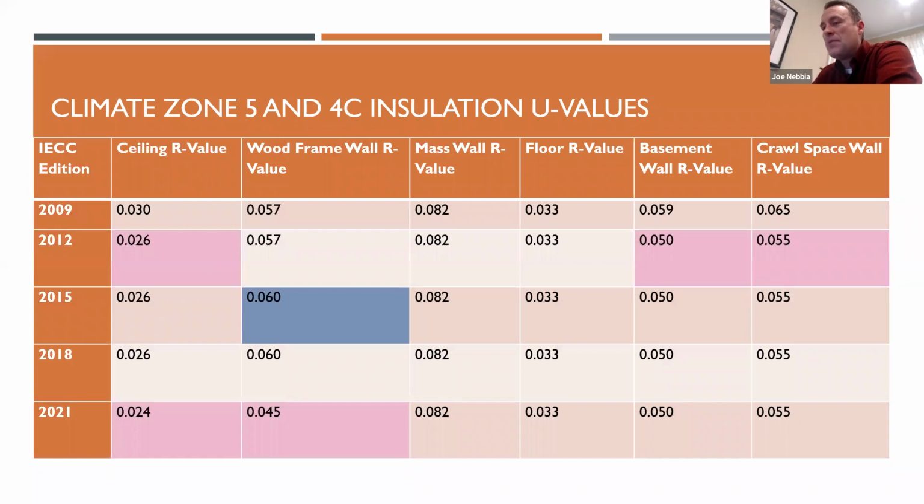The U factor table is again available, and it's important to note again where you may or may not be able to trade off if you're using those U factors using a different type of wall.